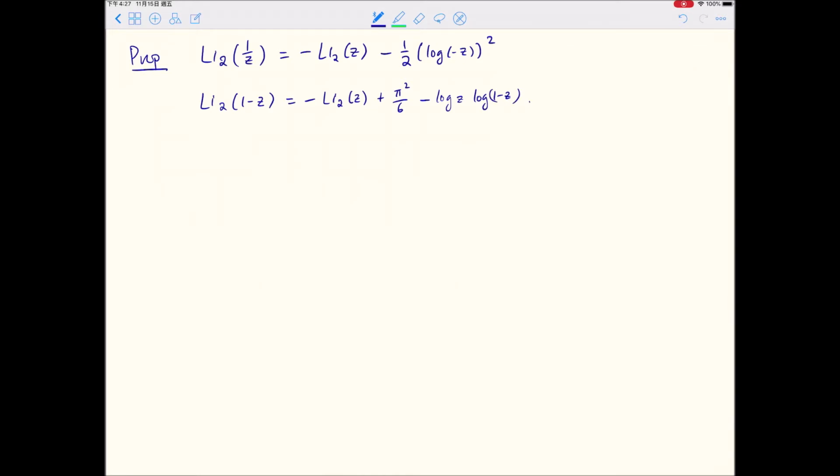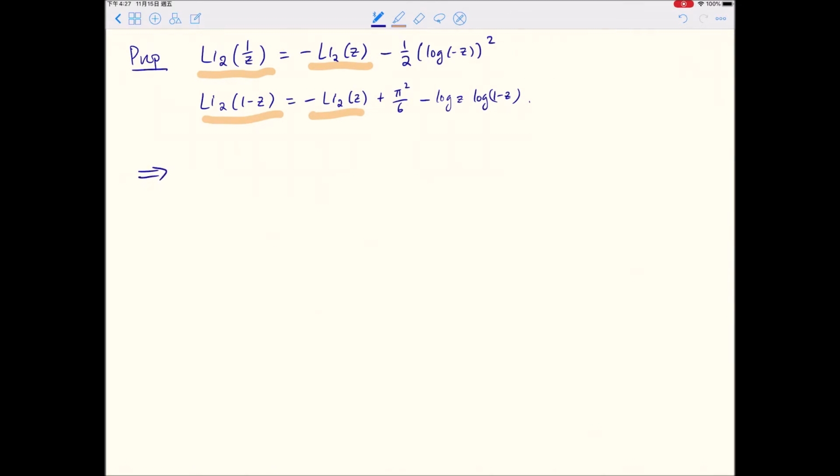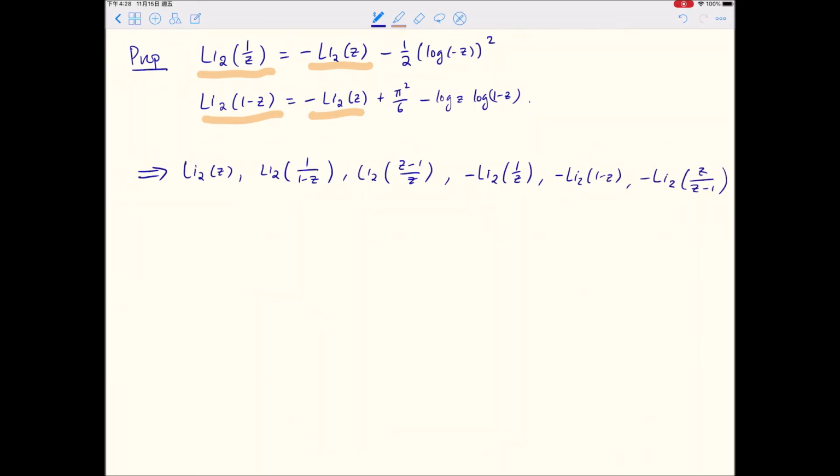So using just these two relations, we immediately see that if we keep on applying these functional relations, the 6th expression we have, Li of 1 minus z and so on, will be equal up to just elementary functions, up to logs or some combination of the standard log.